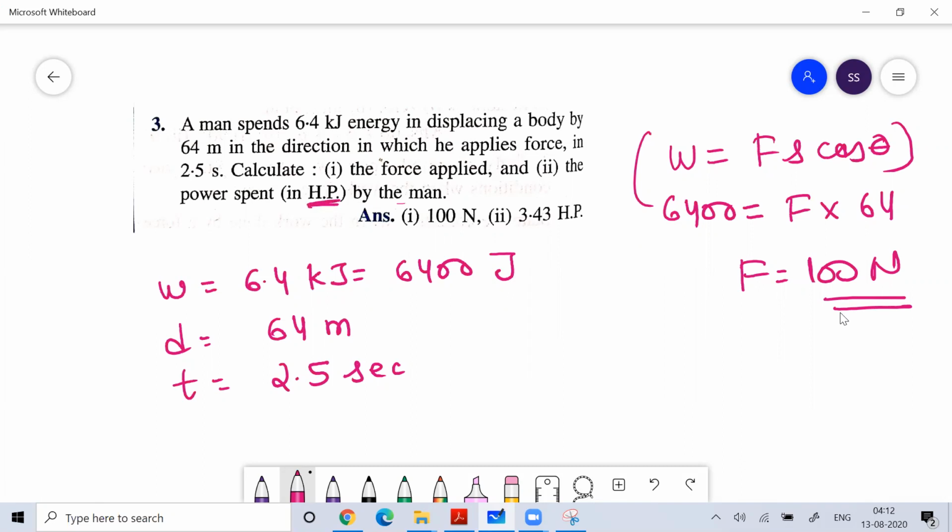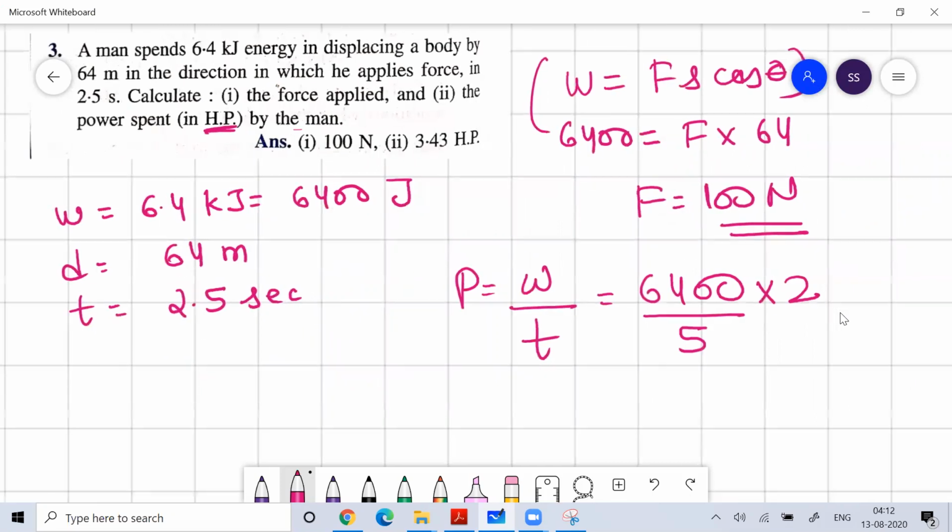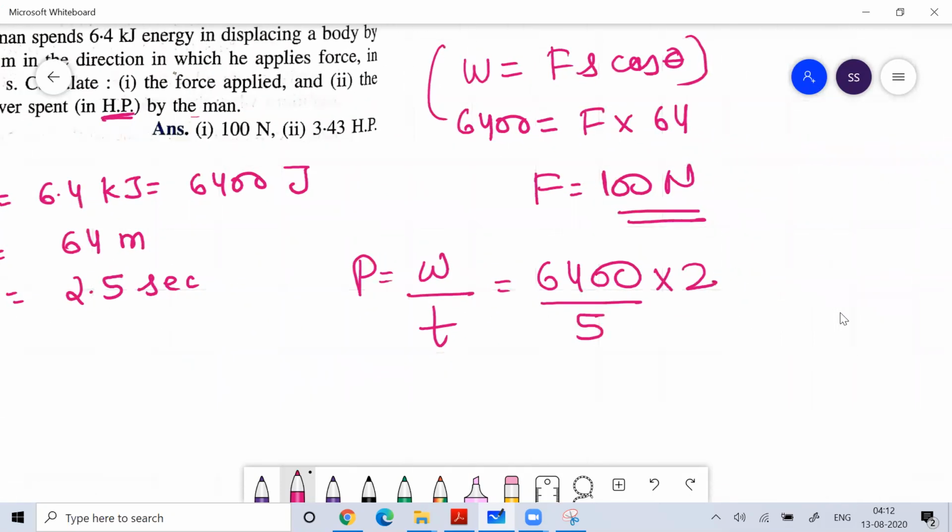What is power? Power is nothing but work done by time taken. Work done is 6400 and time taken is 2.5 second. I can write 2.5 second as 5 by 2, which I can write as 10 by 2.